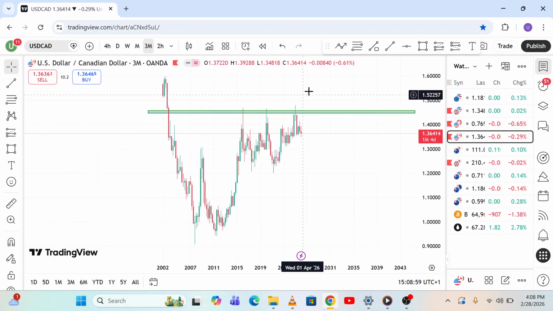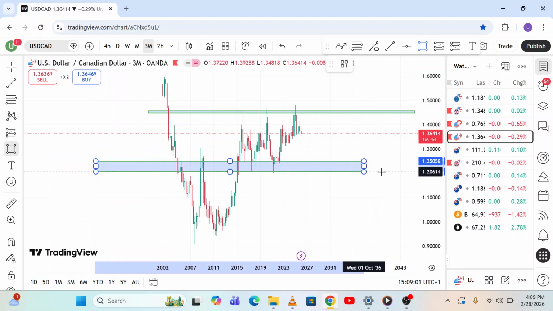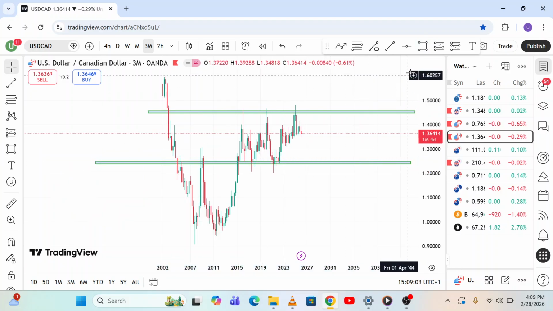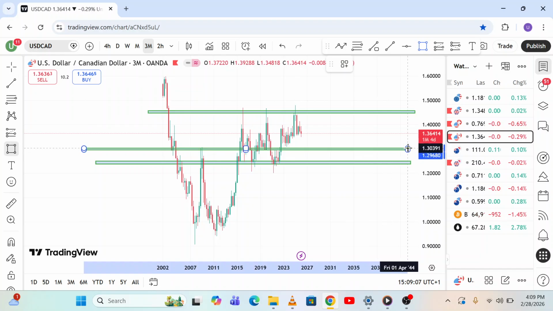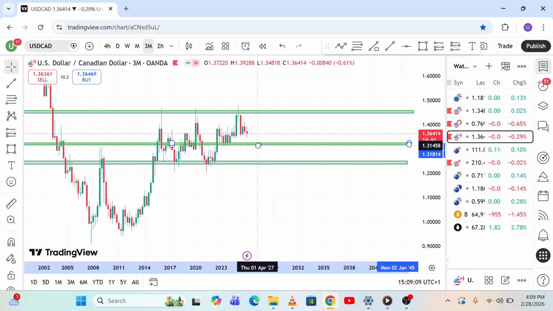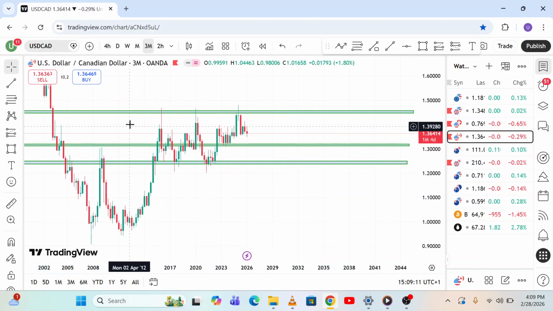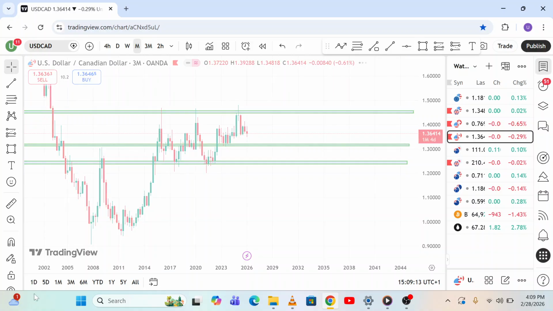This is the 3-month upper zone, midway zone. This is midway zone. This is midway zone.